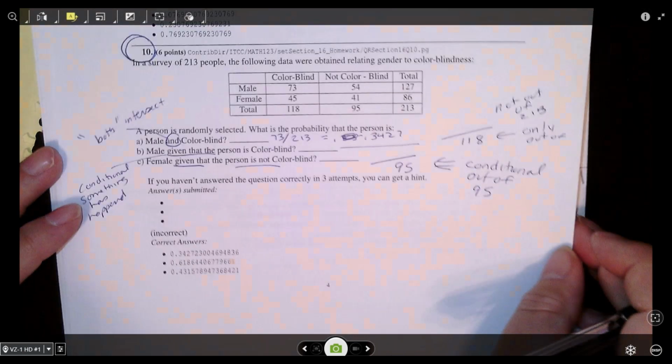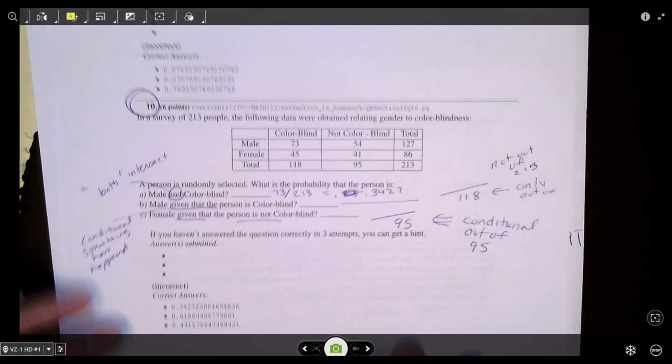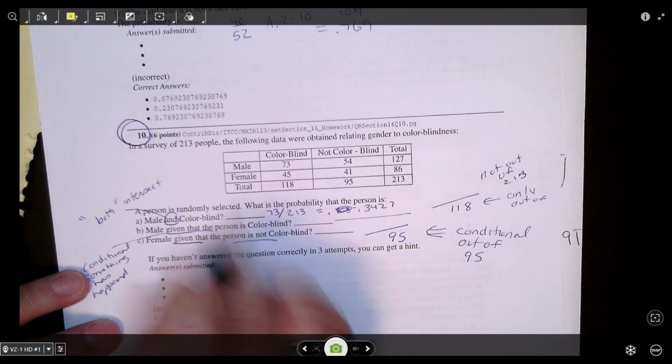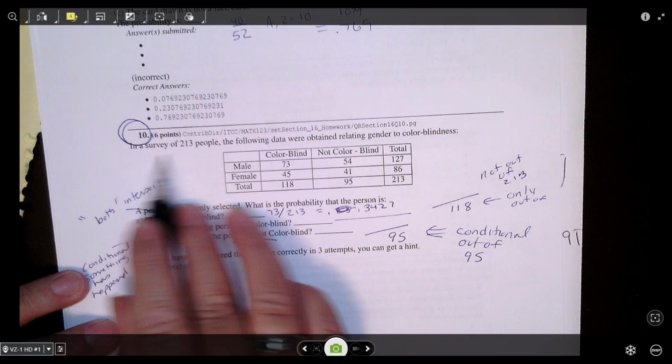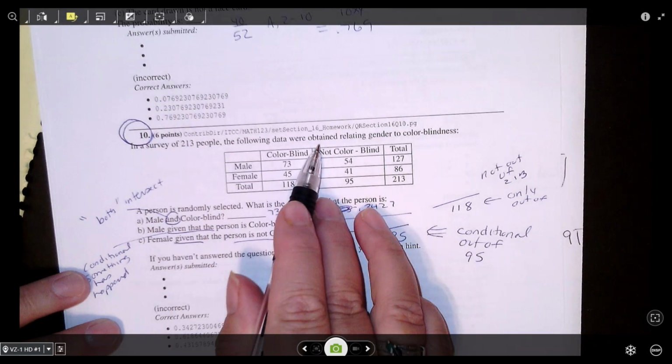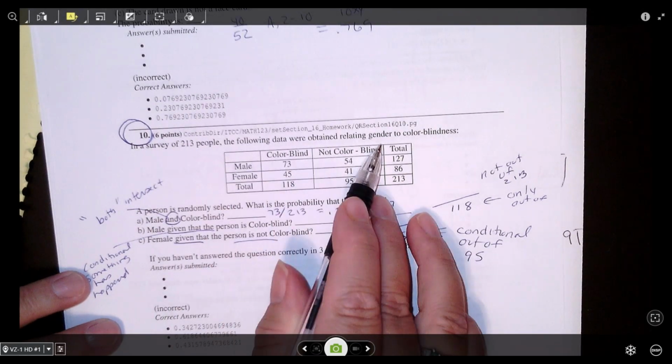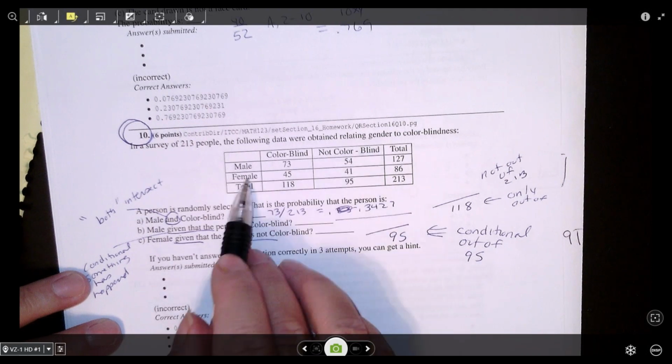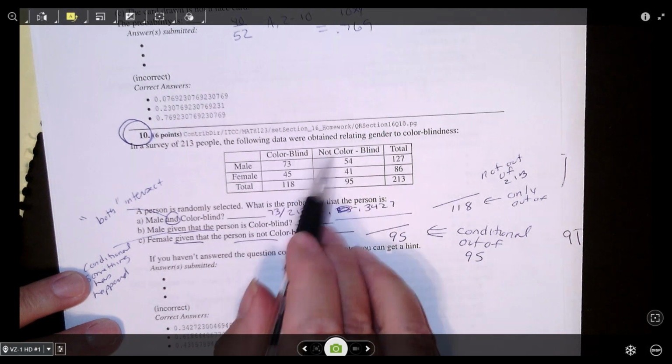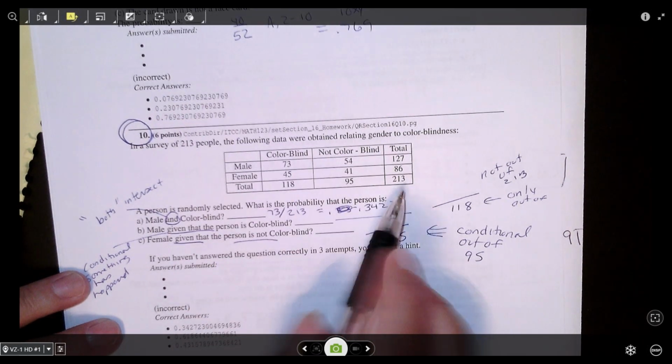That takes me to 10, where we have some ands. A survey of 213 people, the following data were obtained relating gender to color blindness. Got males and females, colorblind and not colorblind, and the total.